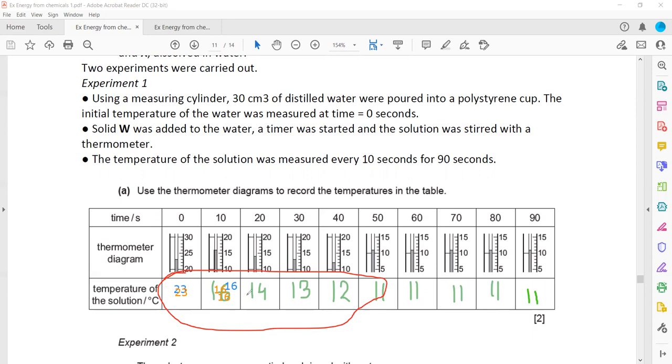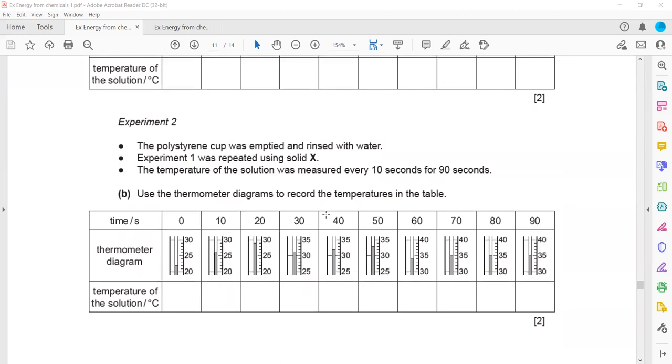If the temperature is decreasing, it means the reaction will be endothermic. If the temperature of the solution increases, it means the reaction will be exothermic.